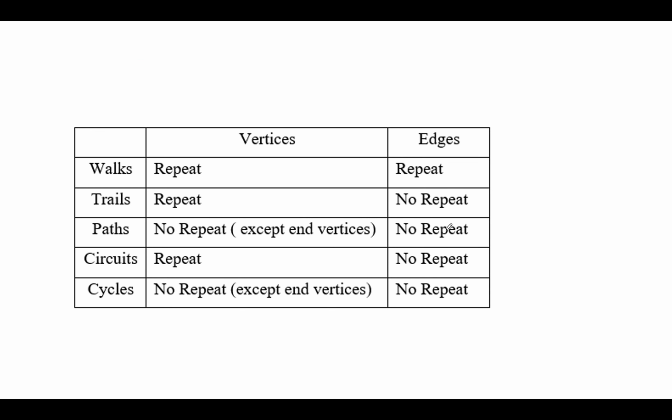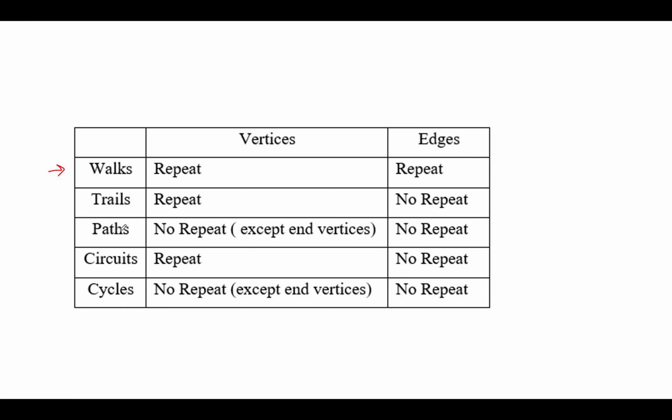So as we see, we started with the walk, which is the more general terminology, a journey from one vertex to another vertex, where repetition of vertices and edges is allowed. Now a walk is named a trail if we repeat only the vertices with no edge repeated.